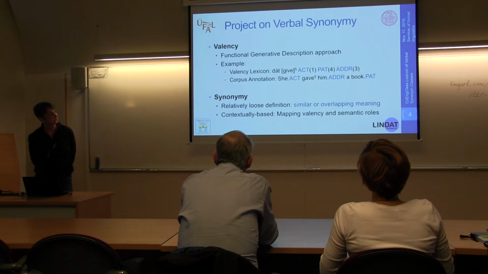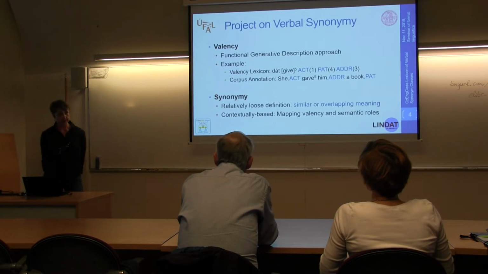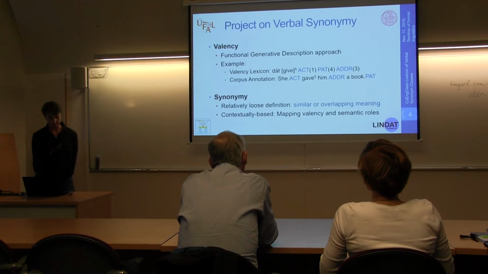So actor is in nominative, patient in accusative, and addressee in dative. And then in the corpus, in the sentences, the appropriate words are assigned the appropriate valency slots from this valency frame. So in the sentence, she gave him a book, she is actor, him is addressee, and book is patient.